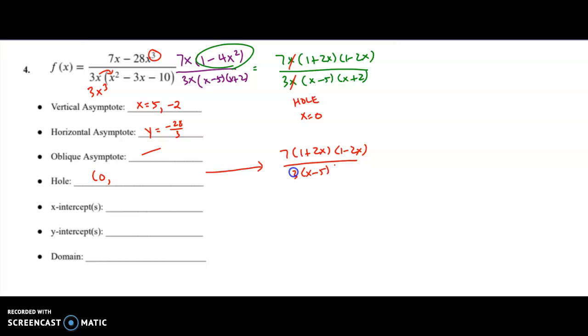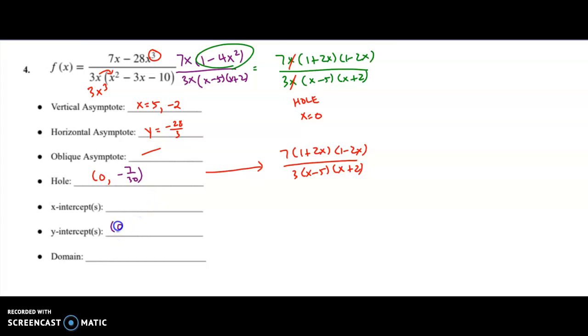I'm writing this down. When we figure out the location of the hole, you're always going to use the most simplified version. And so just for the sake of time, when you plug in 0 in here, you get -7/30. So that's where the hole is.